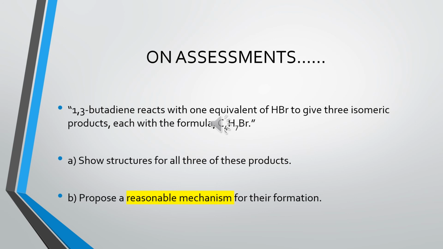Part A, what are the structures for these 3 products? Part B, how are they formed? Propose a reasonable mechanism. Well, you can't really answer A without knowing B. All right, propose a reasonable mechanism. What does that mean? In the next lecture in the series, we go into exactly what that means.